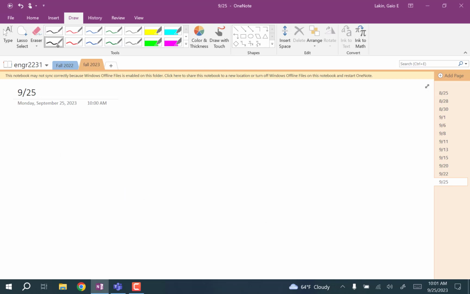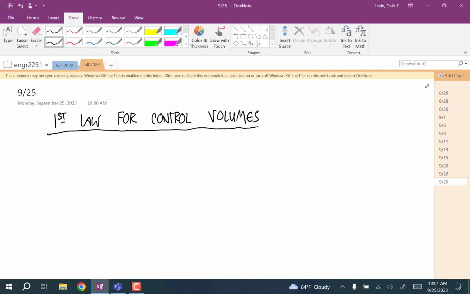And the first law for control volumes is this sort of ugly looking thing that says dE/dt inside the control volume is equal to Q dot for the control volume minus W dot for the control volume.